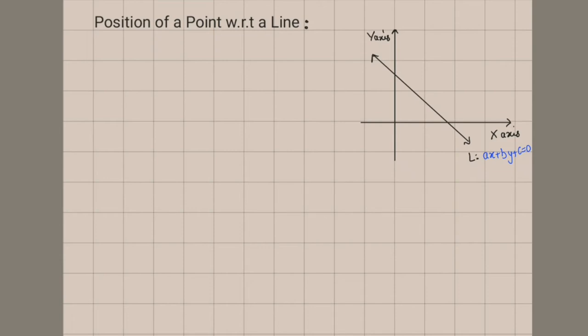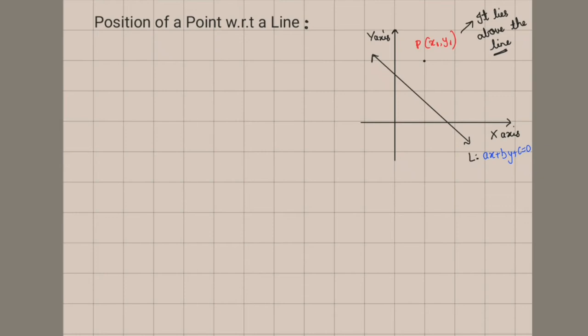Now, if you take any point, let's say this is P, x1 comma y1, which lies above the line. So we need to find a condition to say the position of the point P with respect to the line.